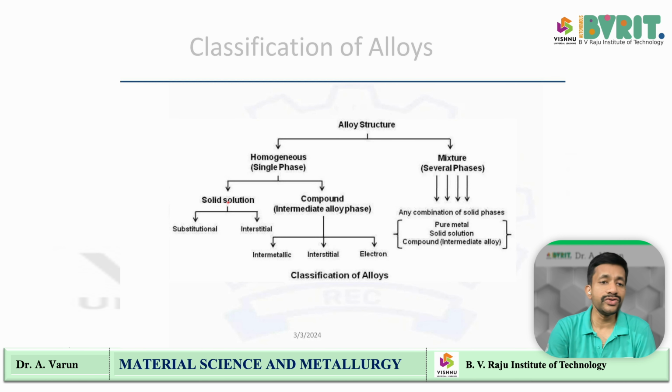Further, solid solution has two types, which is substitutional type or interstitial type. We have already discussed this in the defects. It comes under point defects, non-ionic, wherein the substitutional takes the regular atom position by a foreign atom, whereas interstitial occupies the intermediate atom position.